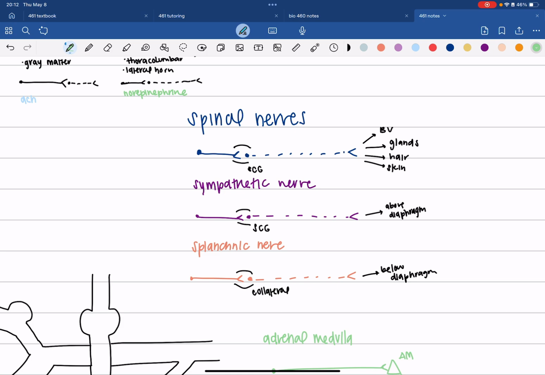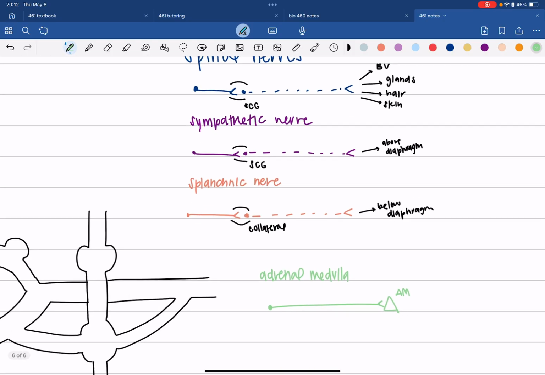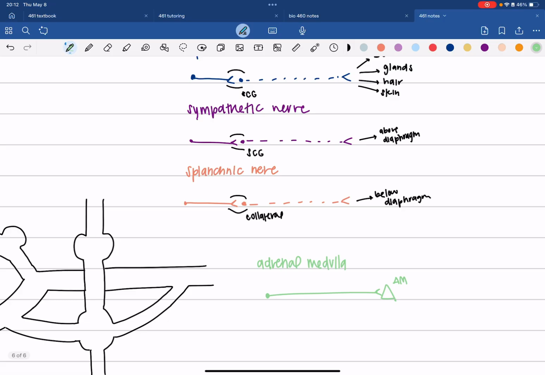So most general sympathetic neurons at their postganglionic neuron release norepinephrine. It depends, like our sweat glands will release acetylcholine at their end, and our adrenal medulla will actually release acetylcholine at its end as well.